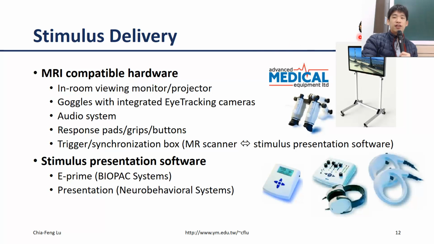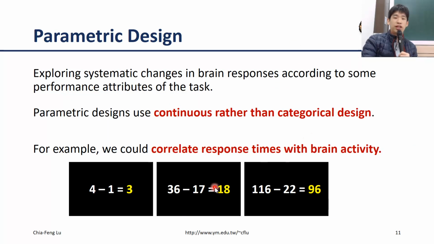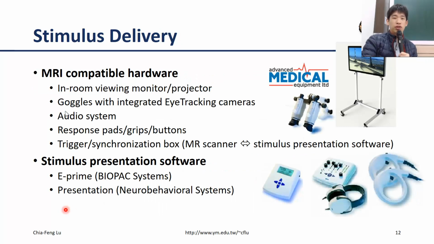If you want to give visual stimuli, for example the equation right here, you need a projector or monitor. So there is so-called in-room hardware. In some cases, because the projector is not MRI compatible, people may put the projector outside the scanning room and project the image through the window, so that the operator can observe the condition of the patient or the subject.